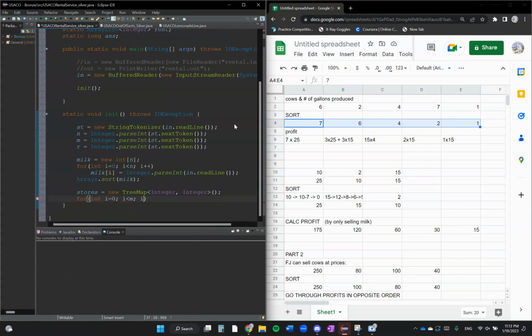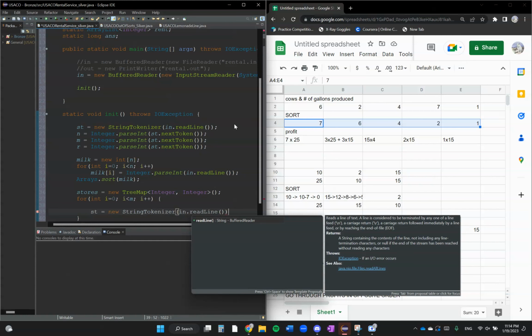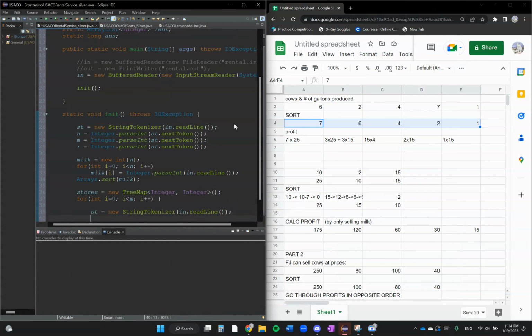For m stores. And oh, I forgot to mention this. One thing that I always keep track of when using a tree map is that I always consider the possibility that I could enter a key two times, which would override the first time I entered the key.